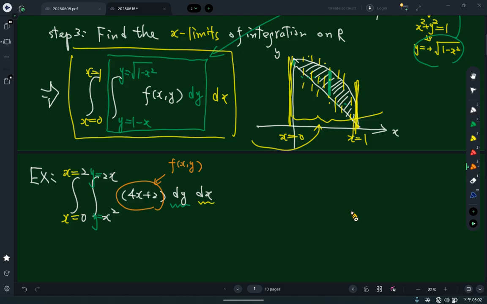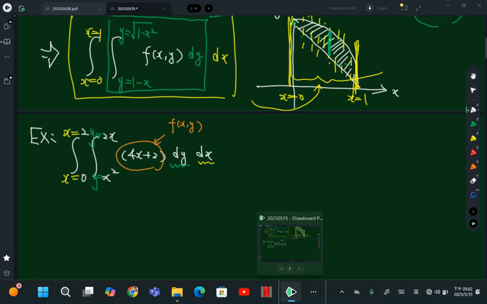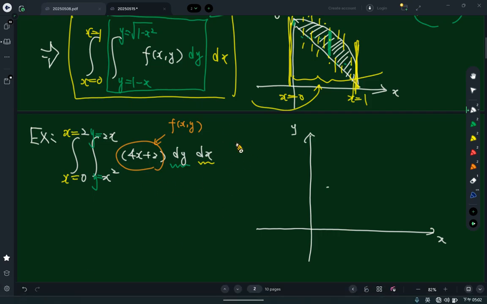Then we can start to draw the region. You can see this is x, this is y. You can see dy first, so you can imagine that once we finish, the region is somewhere here, right?